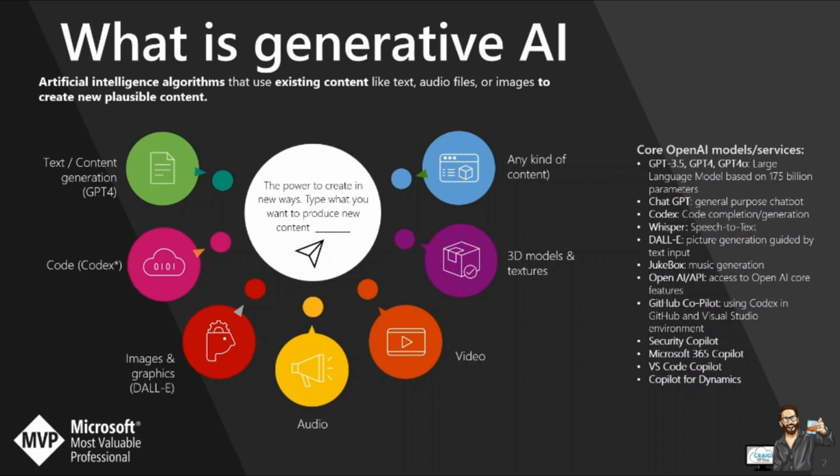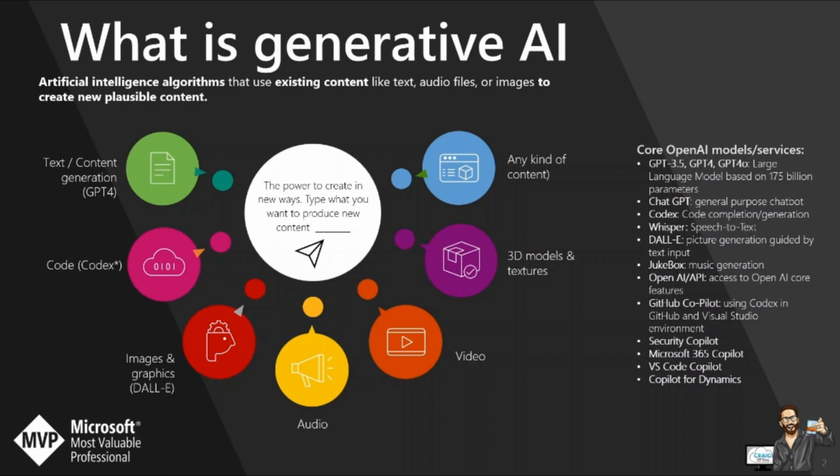This uses Codex with GitHub and Visual Studio environments for coding assistance. And then you have Microsoft Security Copilot, which focuses on cybersecurity applications. M365 Copilot, Visual Studio Copilot, Copilot for Dynamics, Copilot for everything, essentially. But the integration of Gen AI into various Microsoft products is there to really enhance productivity and functionality.